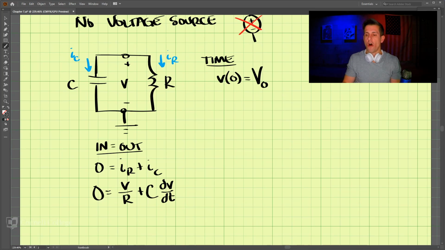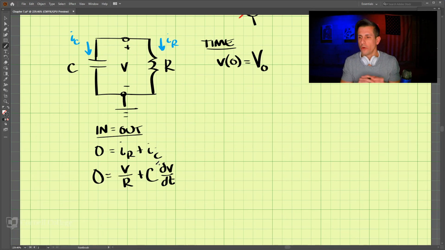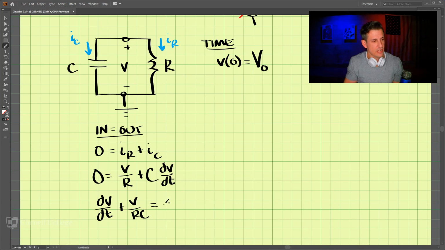And continuing on, so we have this equation, and we're just going to rearrange it so that we have dV/dt plus V over RC is equal to 0.